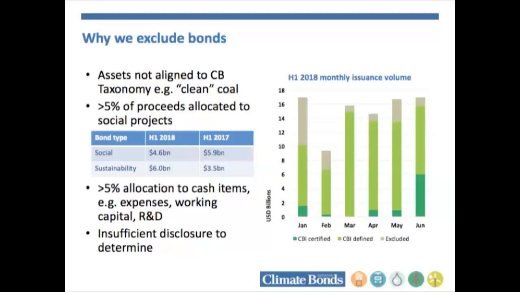Sustainability bonds have a mix. Sometimes in sustainability bonds, there may be quite a significant allocation to green projects, but if the social projects are more than 5%, we would exclude them. And finally, we would exclude bonds if we are not able to obtain sufficient information on the assets to determine where the money is going.